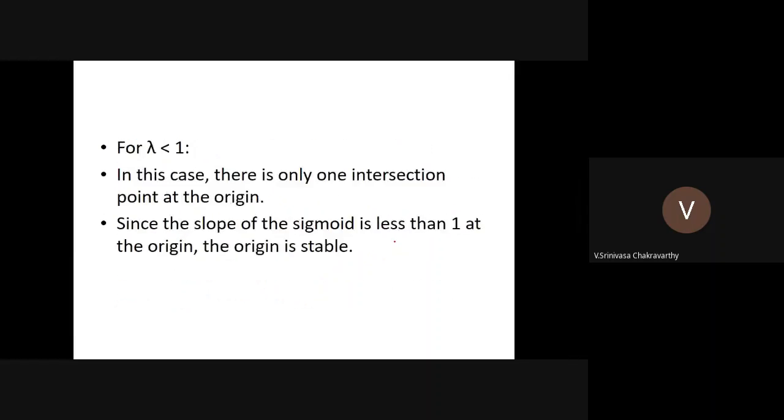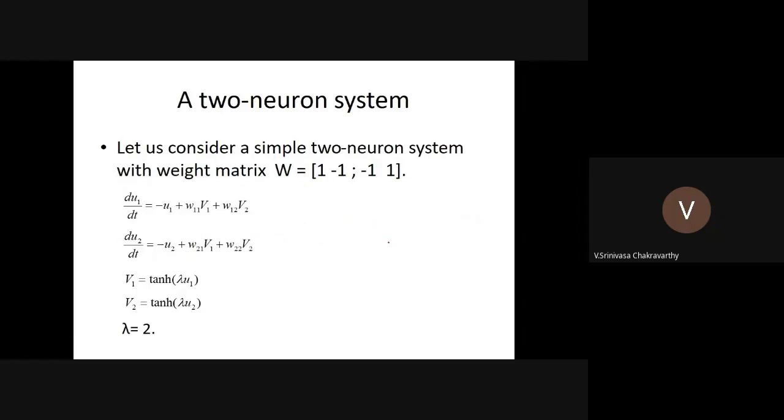That is quite simple to study, but now do the same thing with a 2-neuron system, where imagine you are storing the pattern S equal to (1, -1). Therefore, W will be S S transpose, which is [1 -1; -1 1], which is what we have taken here.